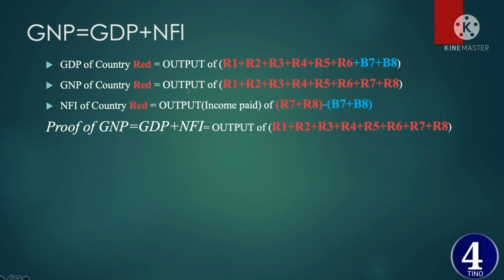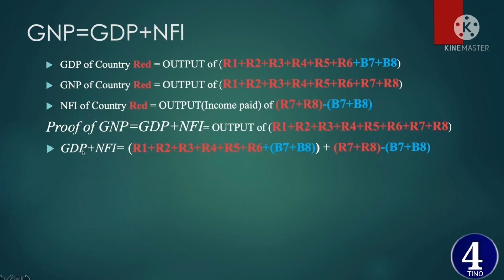GNP, which is the whole red, is a summation of this one and this one. Let's prove it. GDP plus NFI: GDP begins from this one up to B8, plus NFI, which is these two. Then using calculation methods, this cancels out this one because this sign is minus. This minus this means it becomes 0.